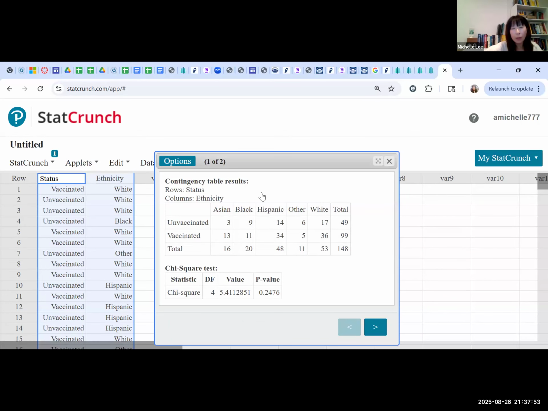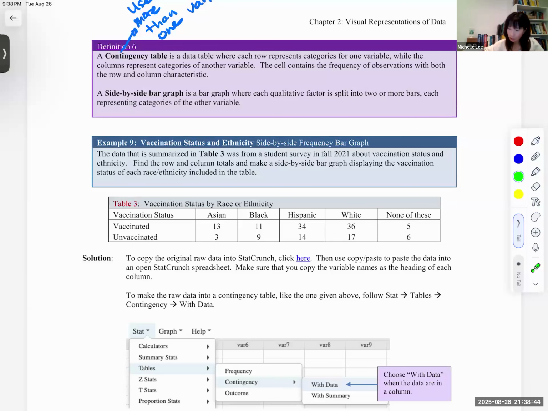This is the one. Okay. Make a pause. Okay, so this contingency table we just created by sequence, right?